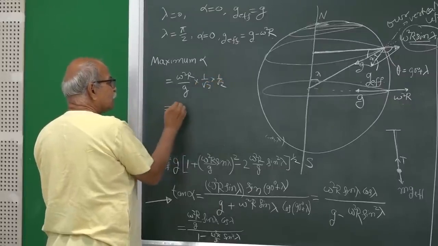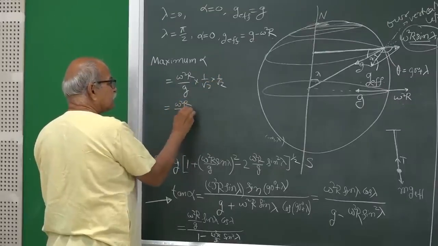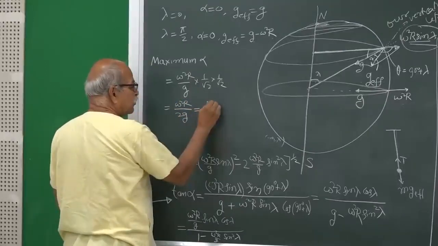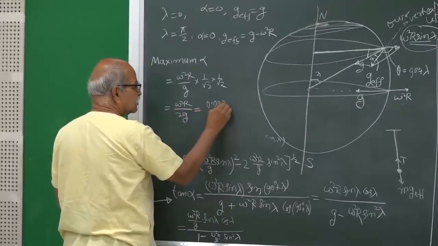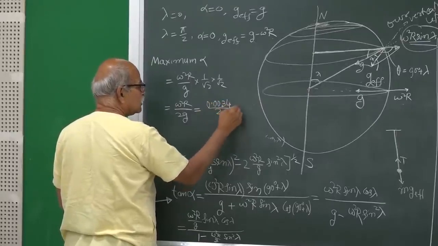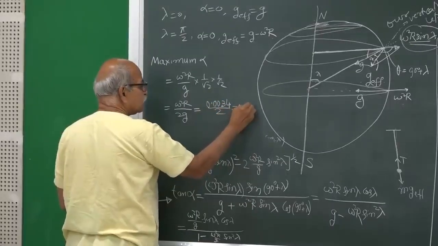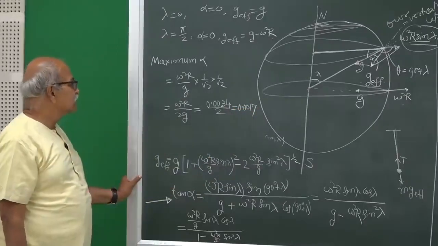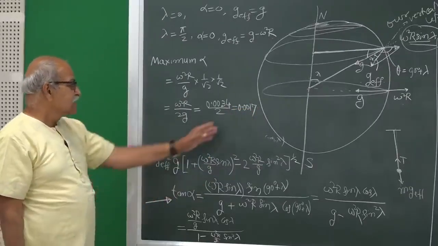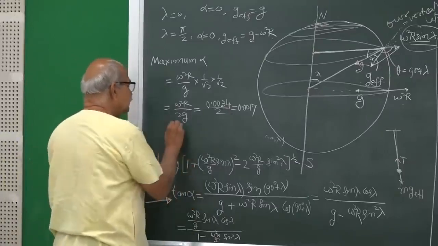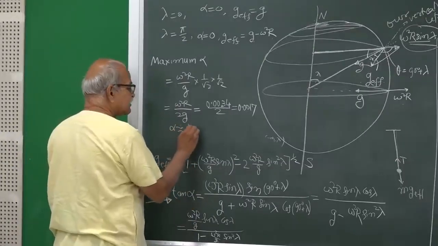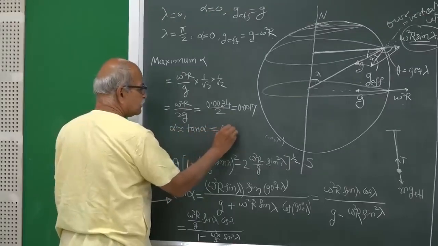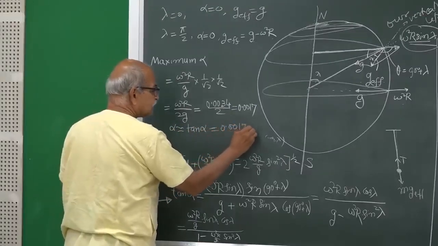So, that will be omega square r by 2 g, which is 0.0034 divided by 2, that is 0.0017, very small number, and this is tan alpha. Since it is a very small number, alpha is almost the same as tan alpha, you can write, and therefore, this is 0.0017 radian.